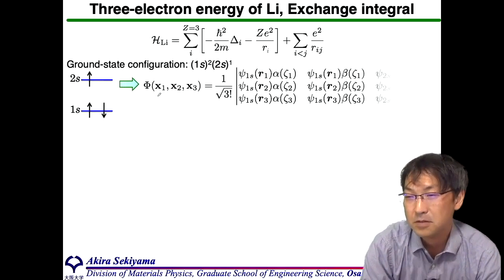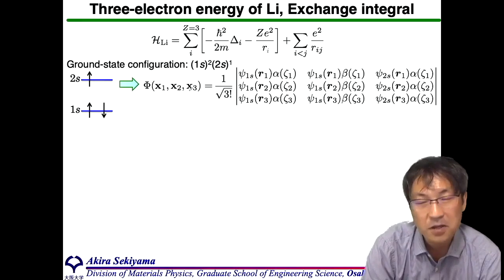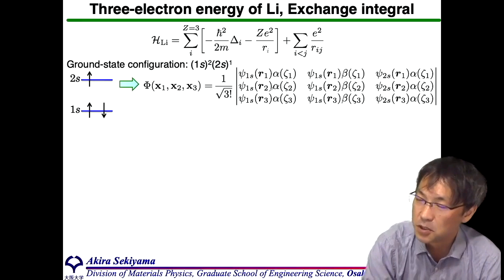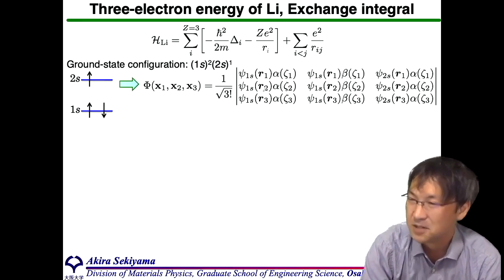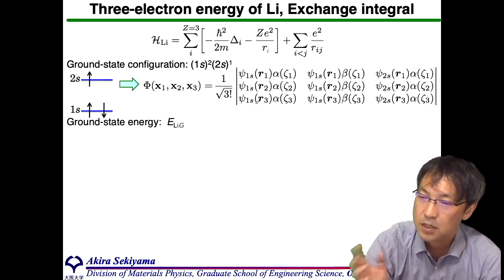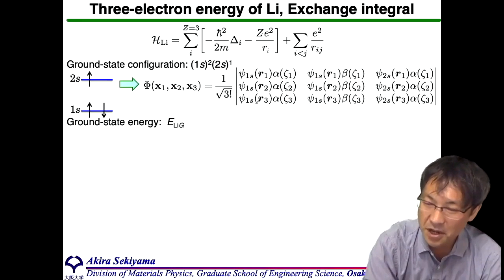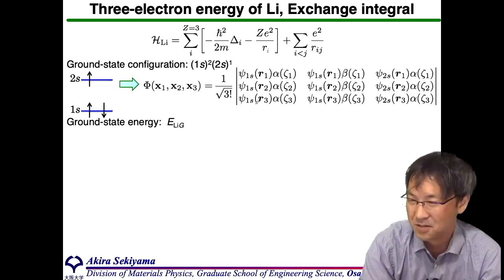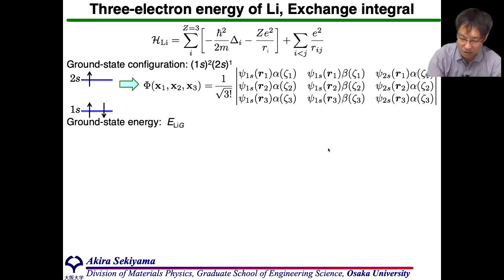Then the total wave function is expressed by the 3 times 3 Slater determinant, expressed like this. Then we can calculate the ground state energy for the lithium atom. Then we start.